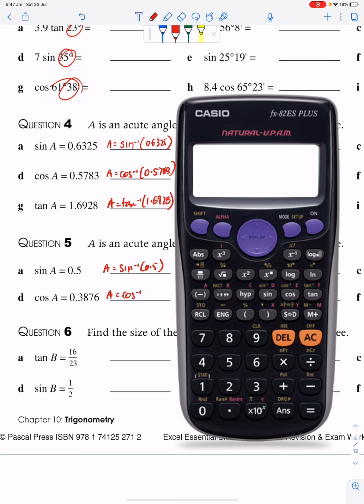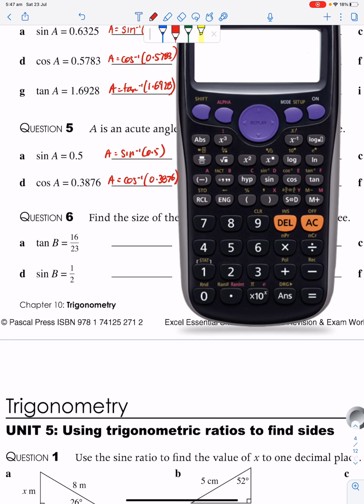Shift cos 0.3876. And even if you have fractions in question 6, to find angle B, shift tan 16 on 23. Shift sine of a half.